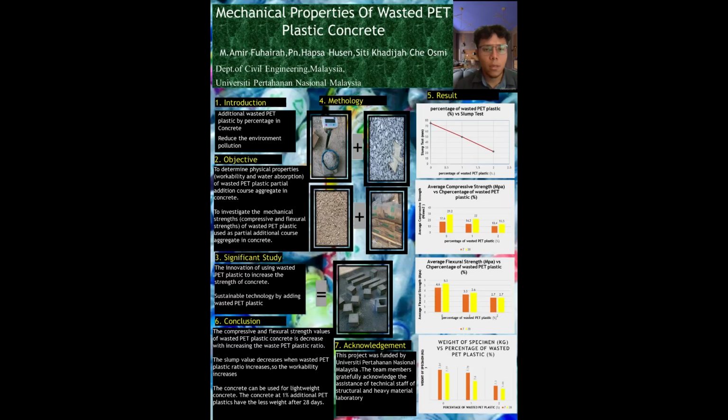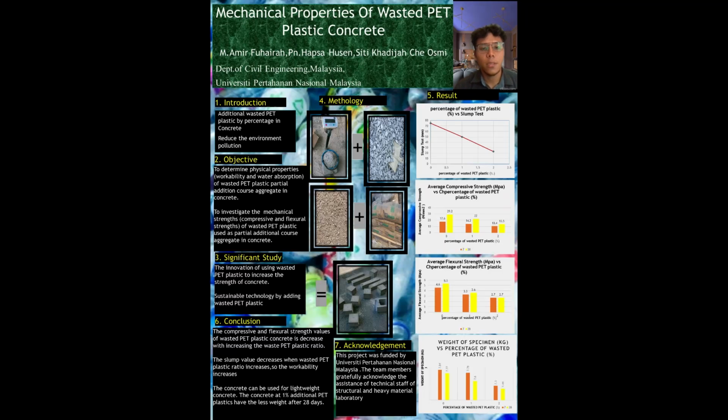Then to test the strength of the concrete, the next objective is to investigate the mechanical strength of waste PET plastic used as partial addition to coarse aggregate in concrete. The tests we conduct for the samples are compressive and flexural strength.